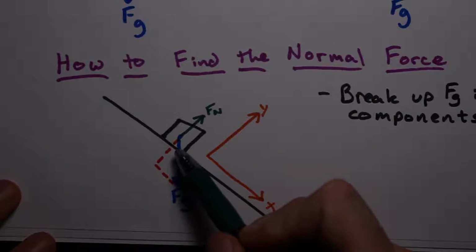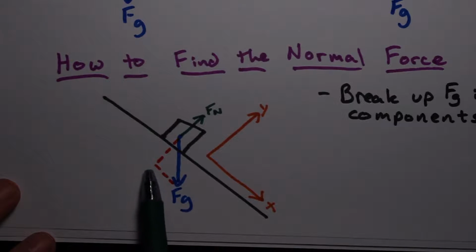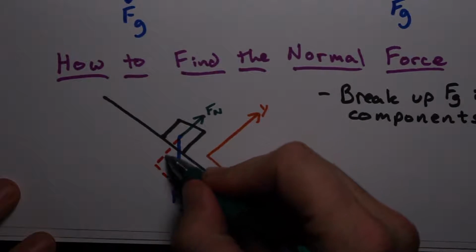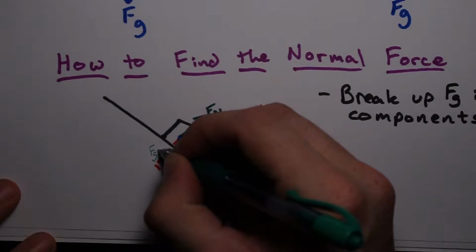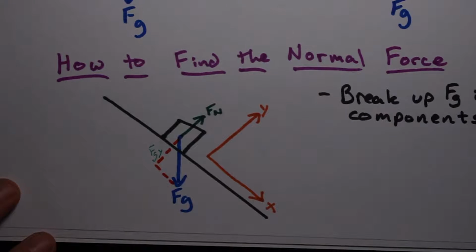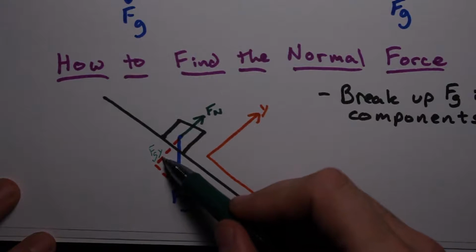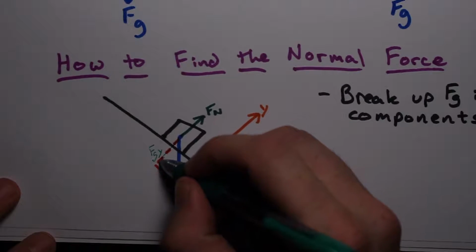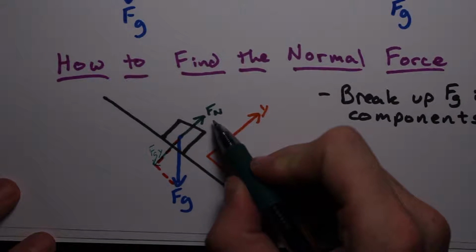Now we've broken this FG into its y component here and its x component here. So we can call this side over here FGY. And this FGY is going to be equal and opposite to this normal force up here. So this component of this vector tells us the normal force.